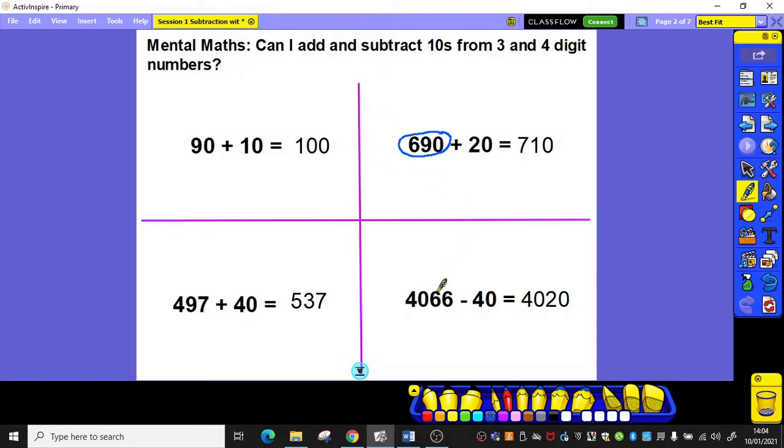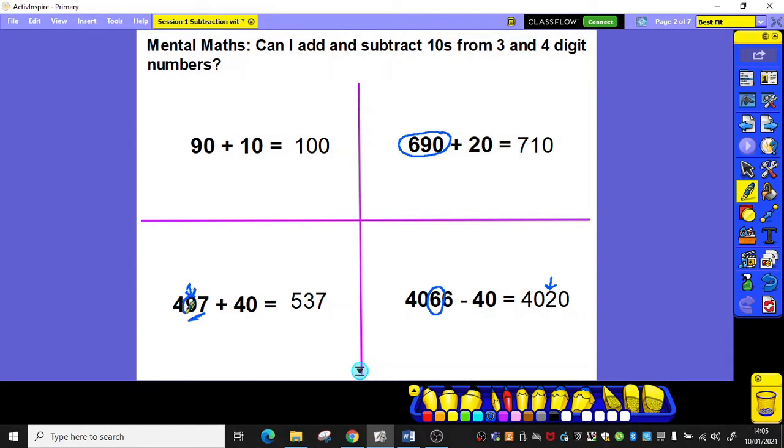If I'm thinking of subtracting 40 from 4066, I just need to be considering my tens column. If I've got 6 tens and I'm taking 4 tens away, then that is going to reduce that down to 2 tens. If I've got 497, then again I can just be looking at my tens column.